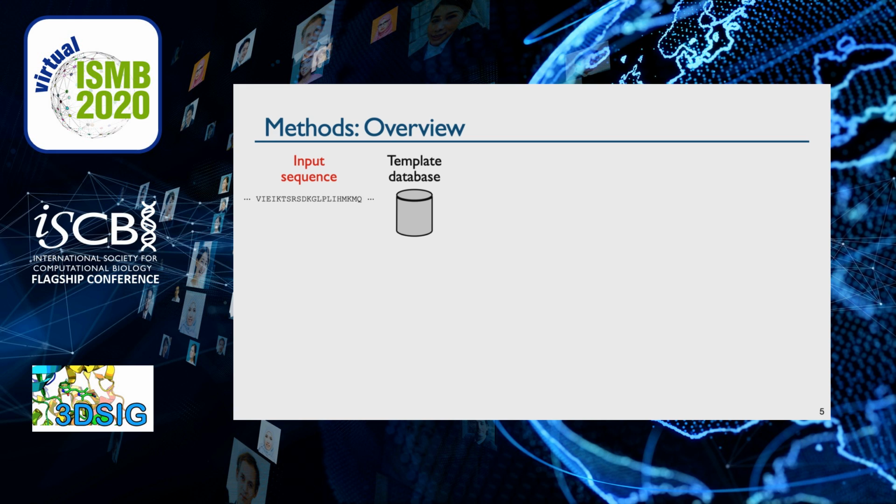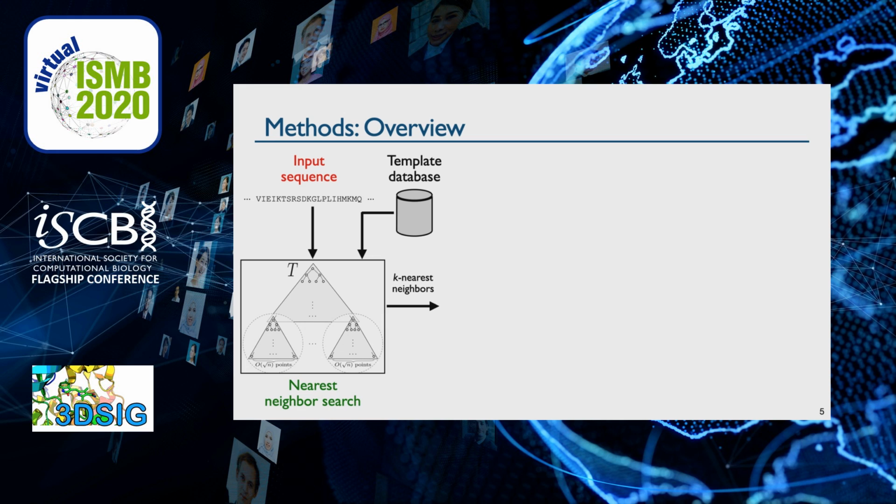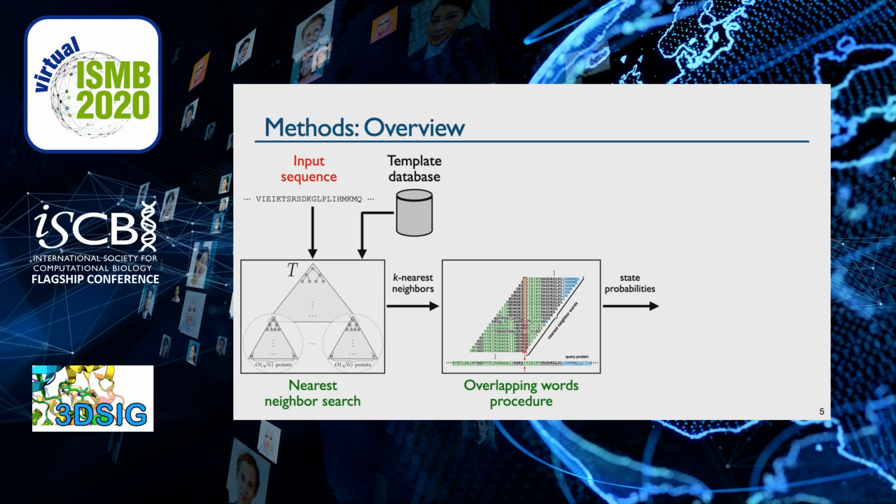Given an input amino acid sequence in our preprocessed template database, we perform nearest neighbor search on words from the input sequence to find their nearest neighbors from the template database. These nearest neighbor words are given to an overlapping words procedure that combines the secondary structure sequences from the template words to estimate structure state probabilities at residues.